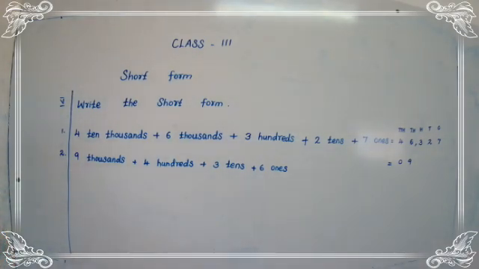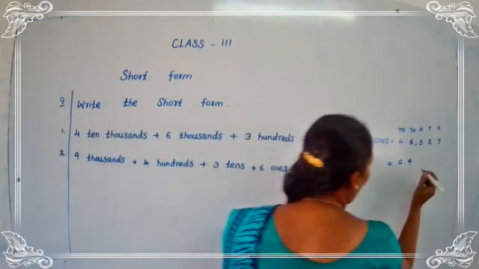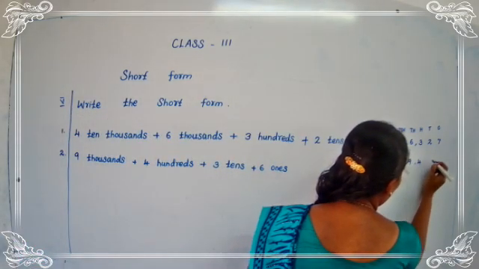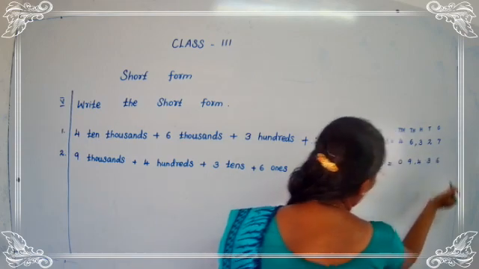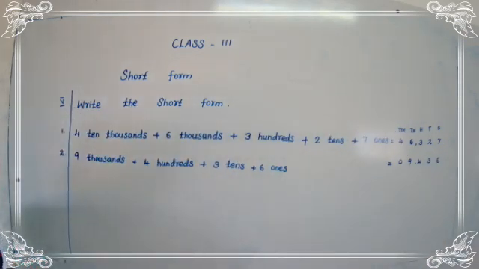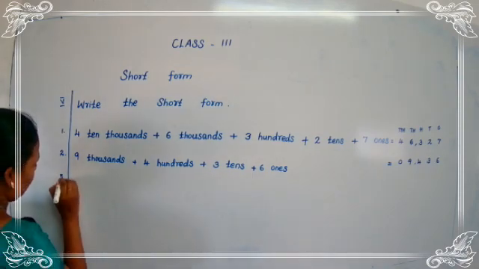Then how many tens? 3 tens. How many ones? 6 ones. Okay, then see the third one.